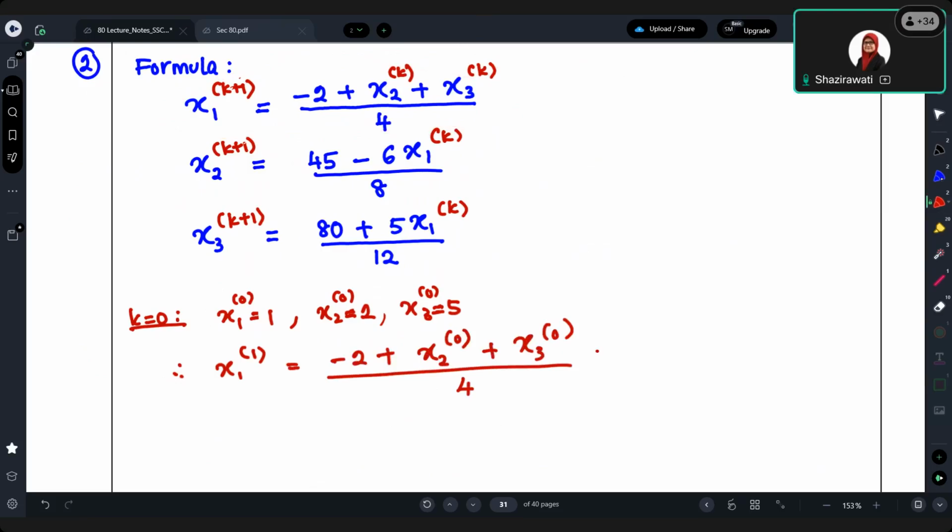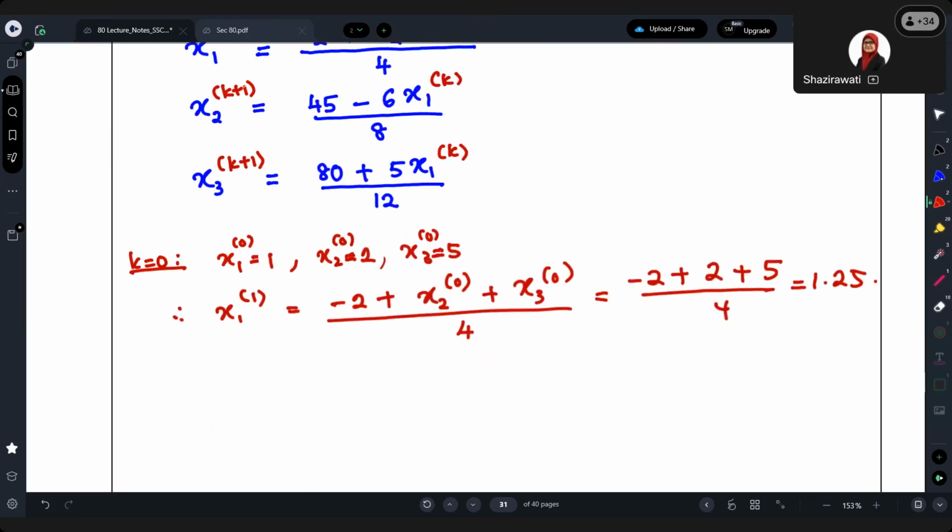So your x1 will be negative 2 plus x2^(0), which is 2, given by the problem's initial value, plus x3, which is 5, over 4. Press the calculator and you will get your x1 value of 1.25.